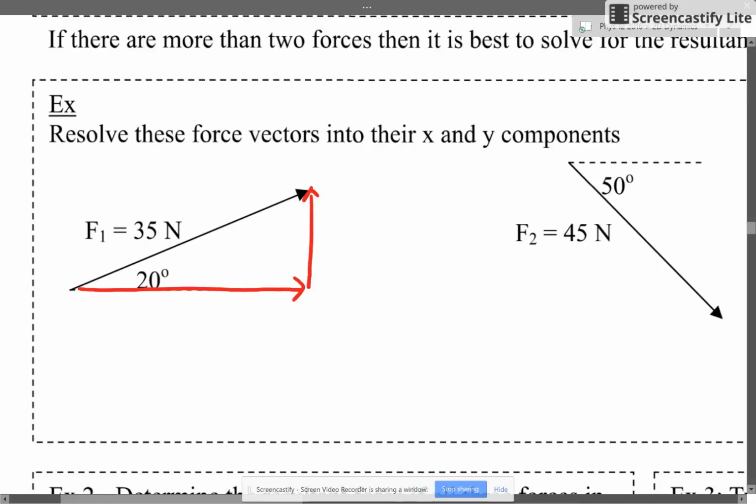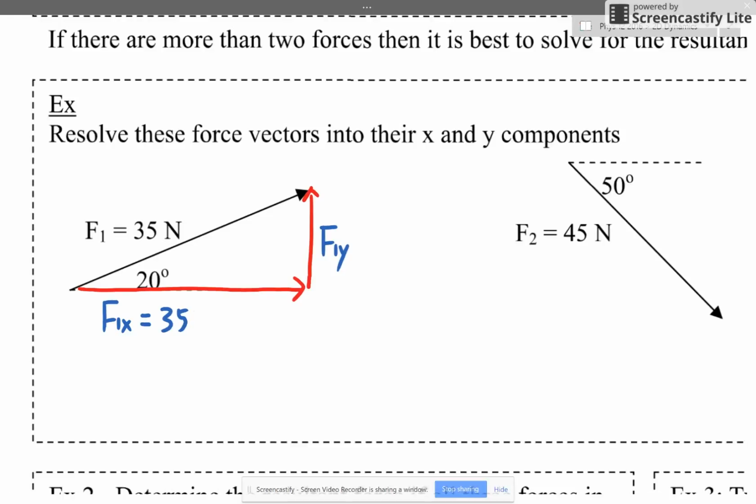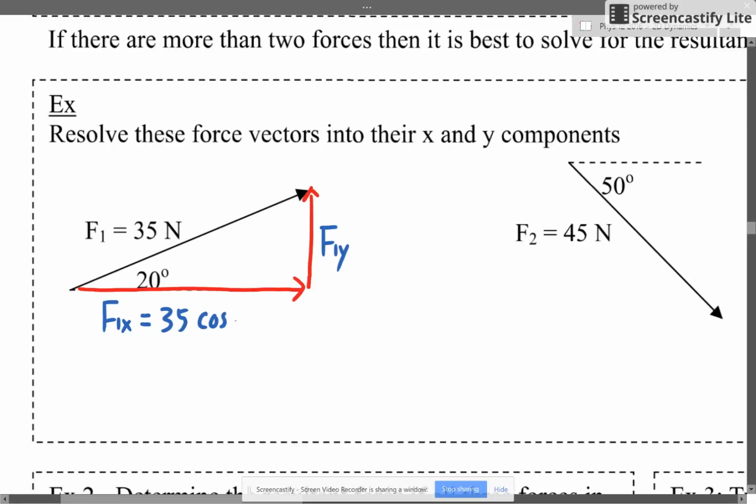So the x side is going to be F1x, and this is going to be F1y. The x direction is close to the angle, so we use cosine of 20 degrees.